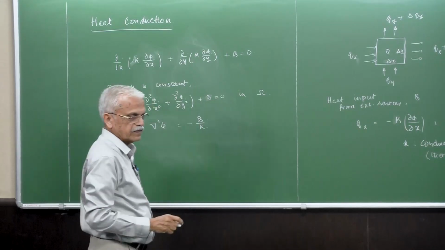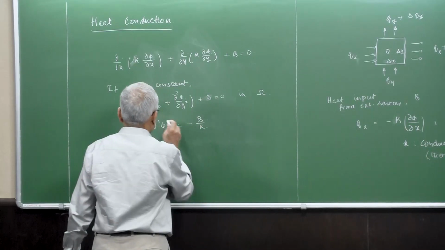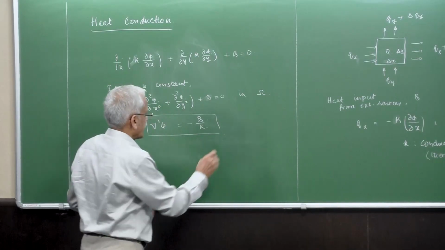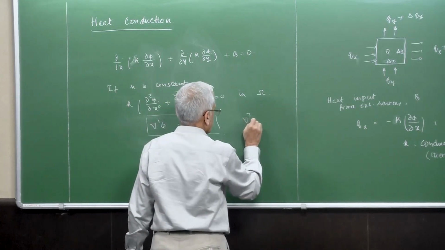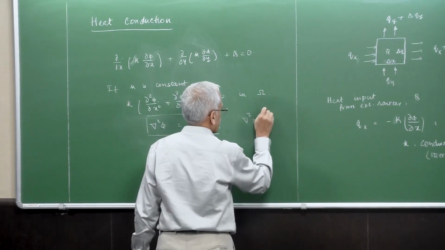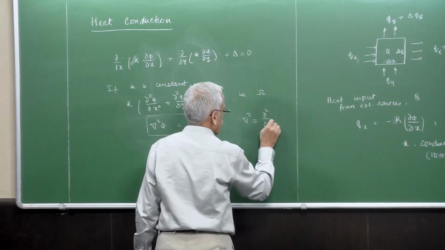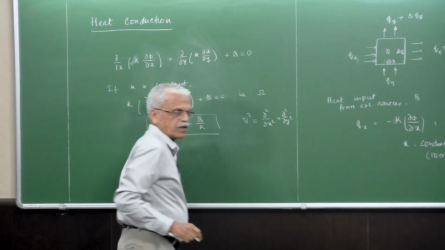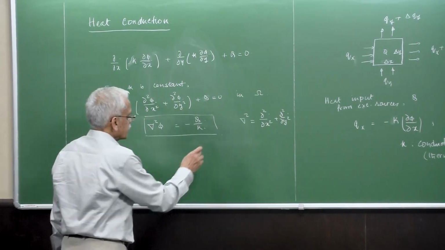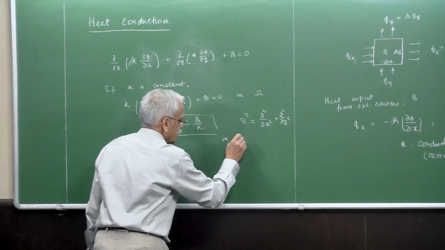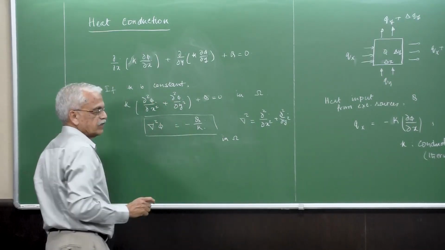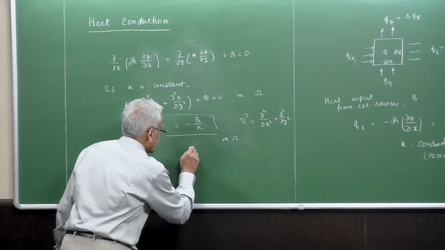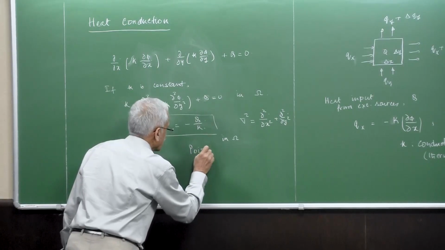So you can write it in this manner also. This is a Laplacian operator, where the del square here is the Laplacian. So this is anywhere in omega, and you can see that this equation is nothing but Poisson's equation.